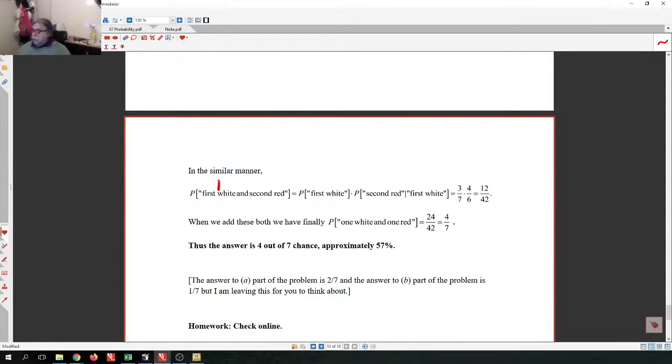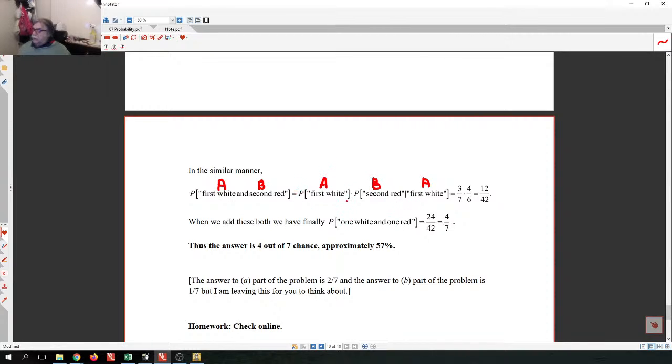Again, this time I have this one as A, this one as B. First white is A, the second red is B. So that is equal to the probability of A and B, which is the probability of A times the probability of B given A. Okay? I didn't make a nice B here. Let's try again. All right.